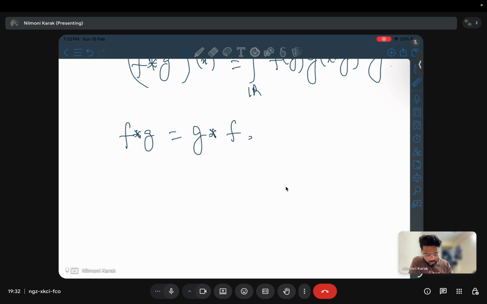Another important thing is that this convolution plays an important role in the Fourier transform.